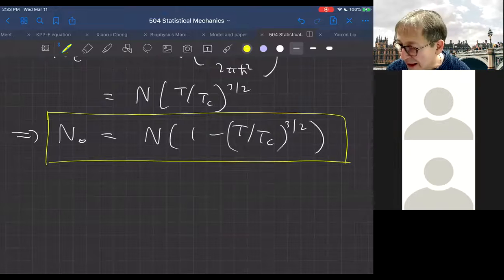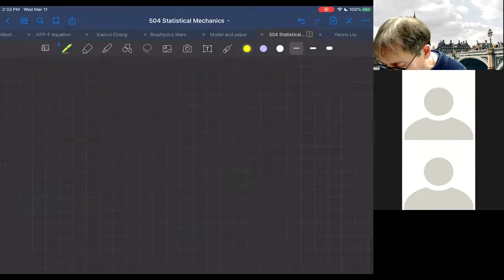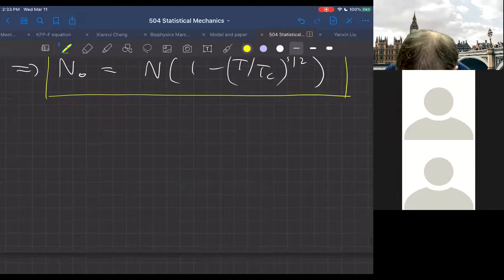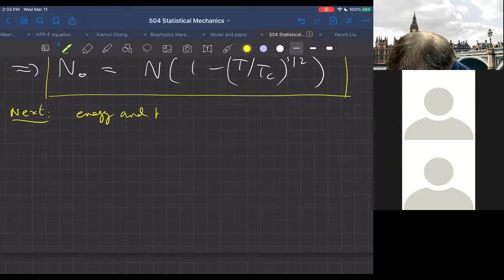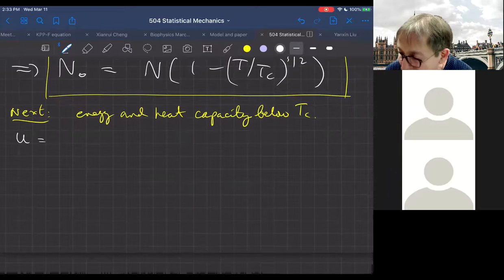Okay, so let's proceed with the calculation. So now we've worked out the ground state. So now I want to work out the energy and the heat capacity. Well, we know we can calculate the energy very simply because that's just the expectation value of the energy.